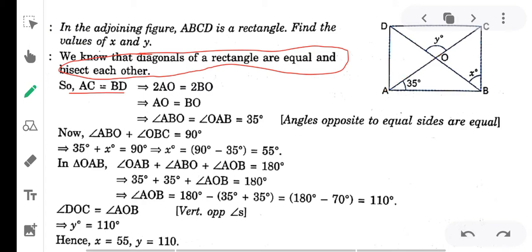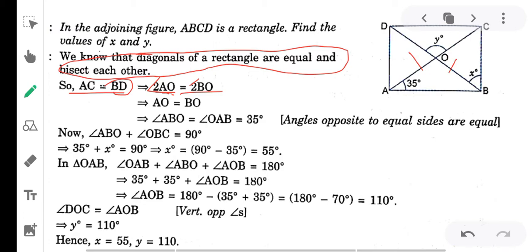Instead of AC you can write 2AO, and instead of BD we can write 2BO. Now the 2 cancel, so AO equals BO.